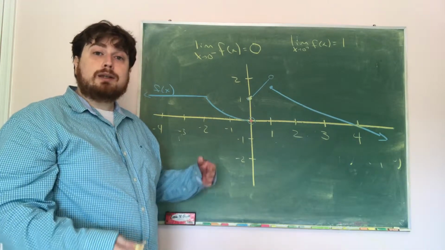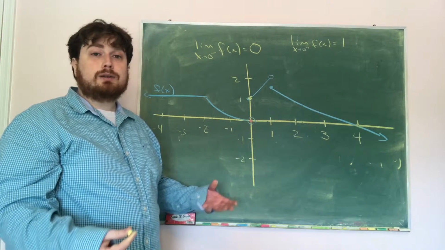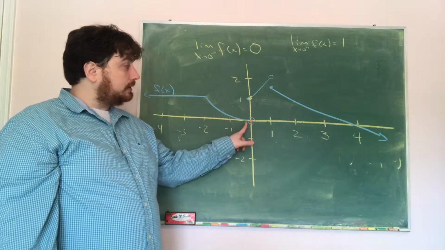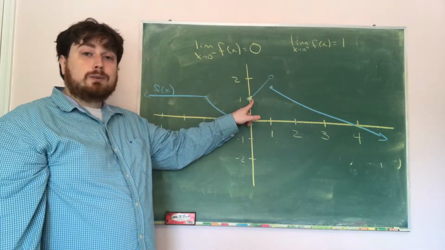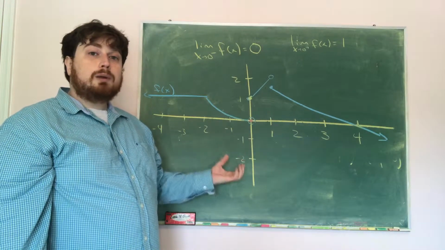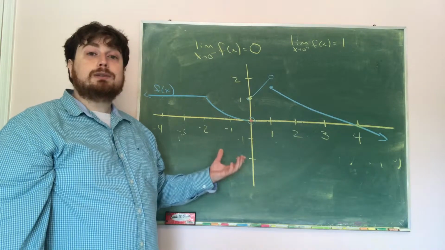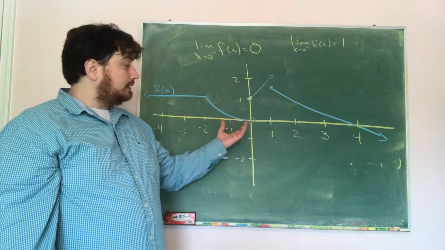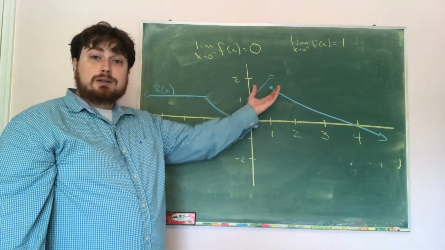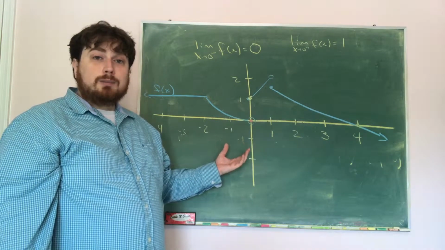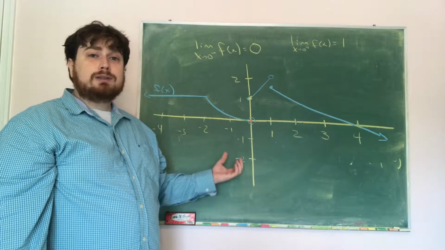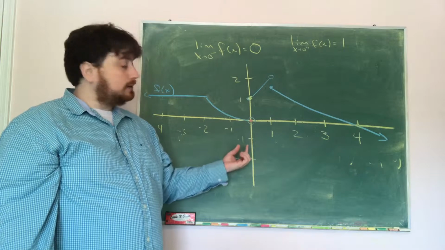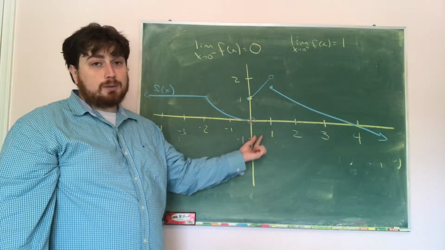Now, last time we had that these were both the same, so we said the two-sided limit was equal to the number. But in this case, from the left we're getting close to 0, and from the right we're getting close to 1. So if we take a bigger picture view and ask what happens as x gets close to 0, well, I don't know what happens. Some of the values are getting close to 0, some of the values are getting close to 1. Because these are going to two different places, I don't know what to expect if I just pick an arbitrary point close to 0, because that could be smaller or it could be bigger.